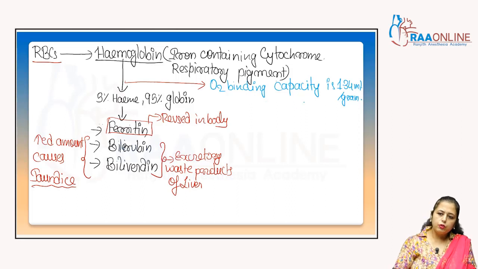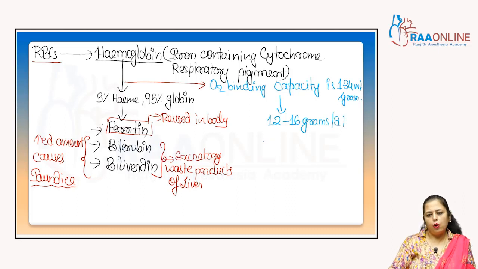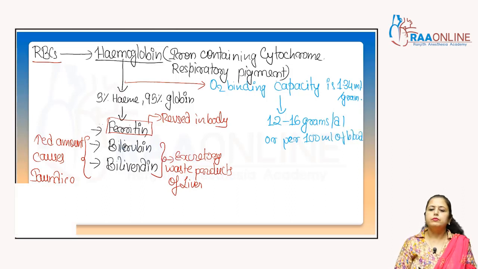So what will happen now? The normal range of hemoglobin in our body, if we go through the NCERT, is 12 to 16 gram per DL, or per 100 ml of blood, right?